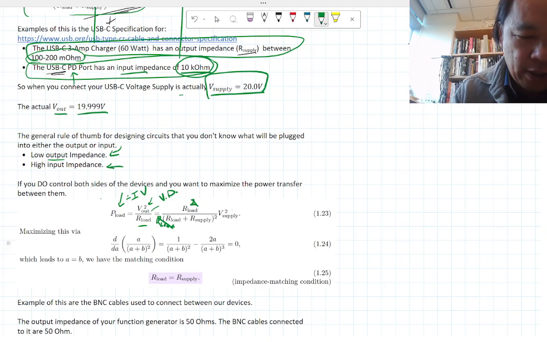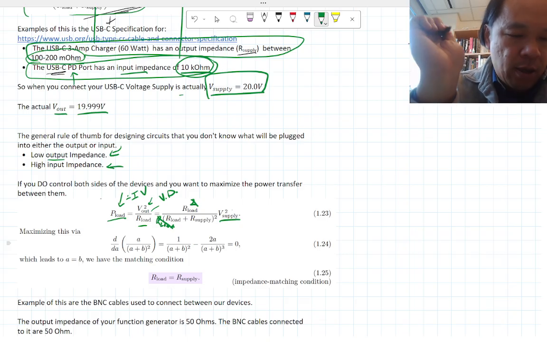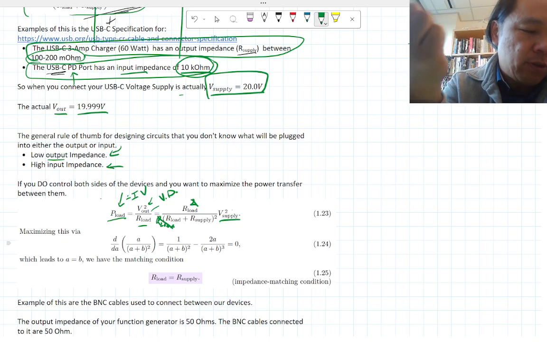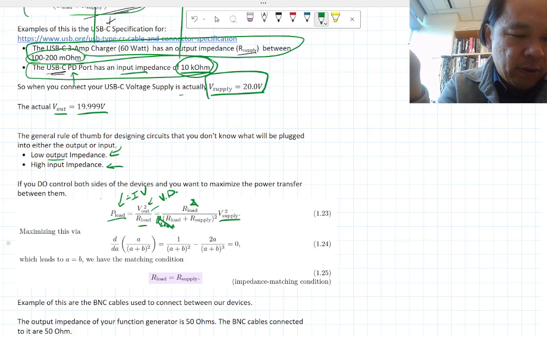That's why one of the factors cancels out. Okay. So this is the power that's going to be delivered to the load. And if you want to maximize something from your calculus class, you take a derivative of it and you find the zero. So that would either be a maximum or a minimum.